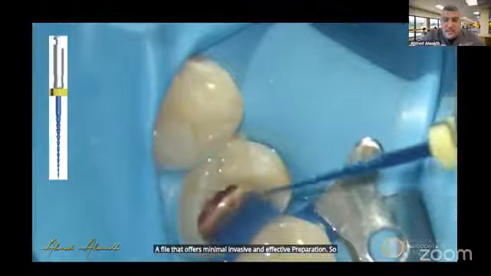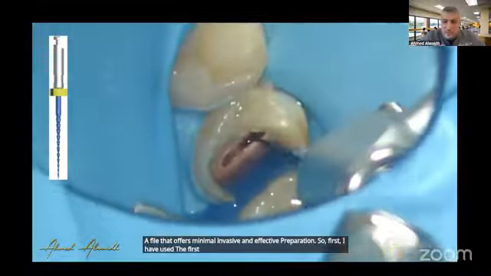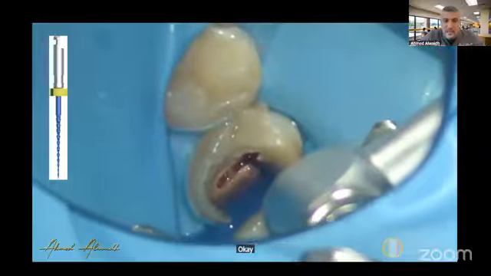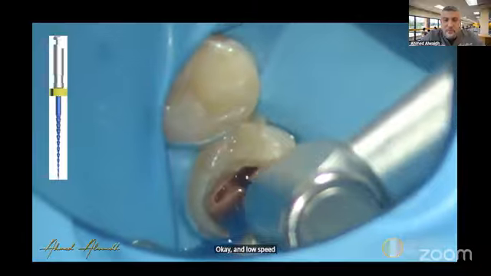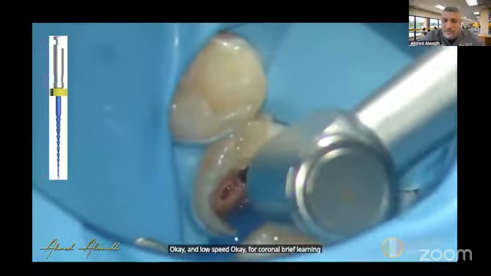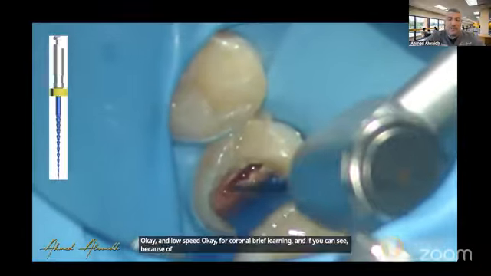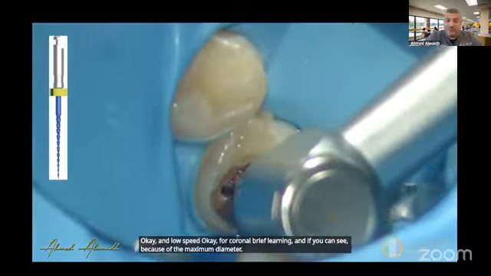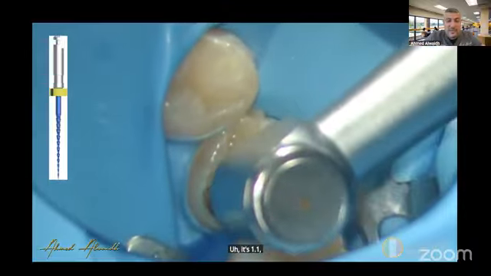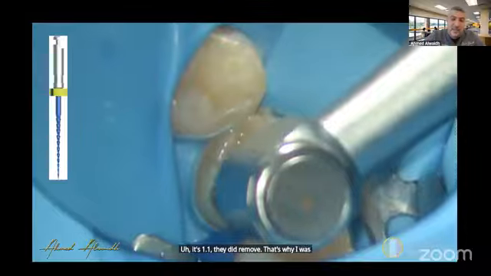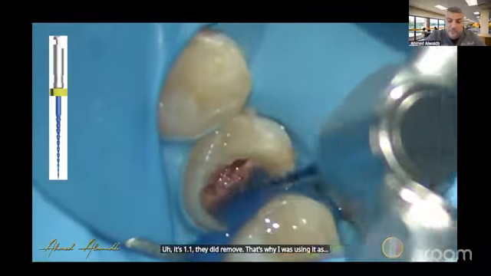So first I used the first file, in rotation at low speed, for coronal pre-flaring. And if you can see, because the maximum diameter is 1.1, it removes that much. That's why I was using it in a brushing motion.